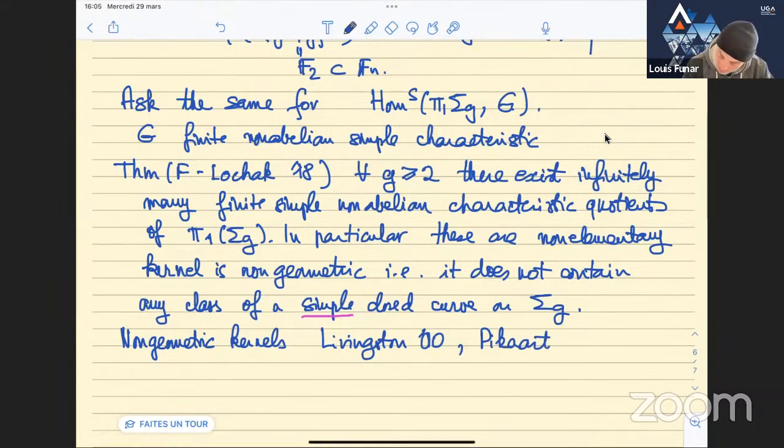Picard considered also simple, I guess. I don't remember exactly. Gabai considered that at the very beginning.